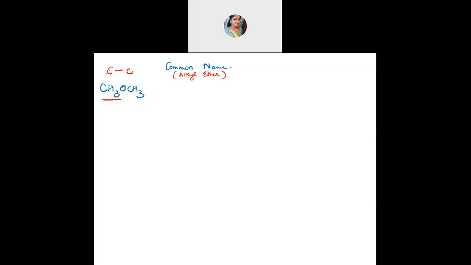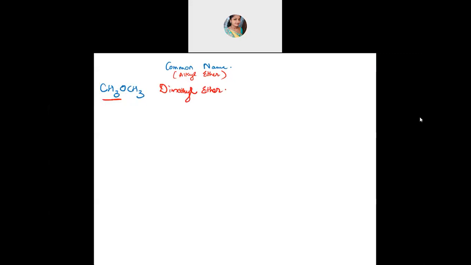There is a carbon, then oxygen, and then again carbon. So you will take them as separate. This will be your alkyl group, CH3 and then CH3. CH3 is methyl. How many methyl are there? Two, so it is dimethyl, then end the name with ether. Dimethyl ether. Understood?